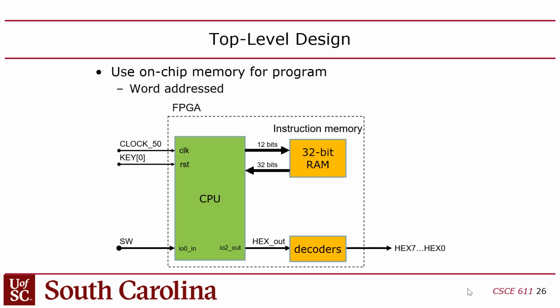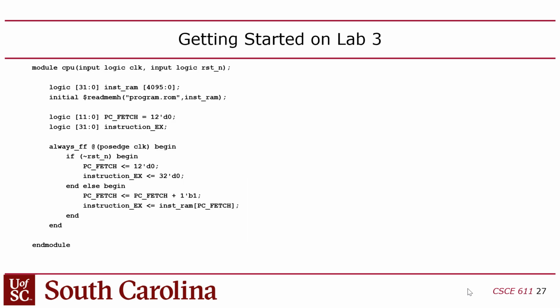Traditionally, the instruction RAM was separate from the CPU, logically. But in our case, we're going to put it in more like the Arduino style. Does it make sense? So the instruction RAM will be inside the CPU, and the only things in your top.sv will be your CPU and your decoders. But you can organize it however you want. That's just what we suggest.